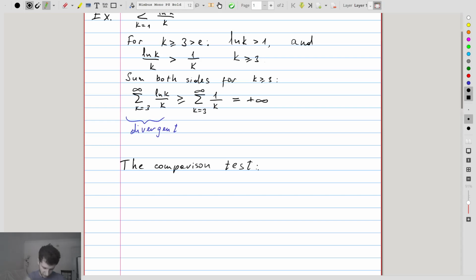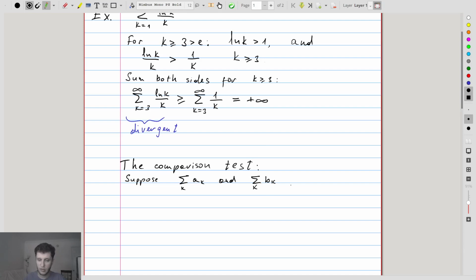And it goes like this. Suppose you're given two series, the sum of a_k and the sum of b_k, where we will assume that the summation occurs from k equals 1 to infinity. But the same statement applies for any range of summation, and you will see how to transfer the statement of this comparison test to that range of summation.